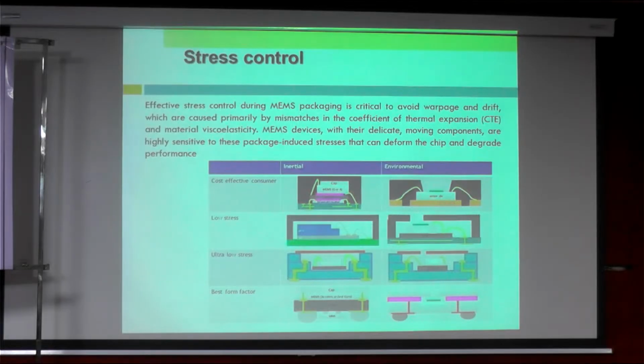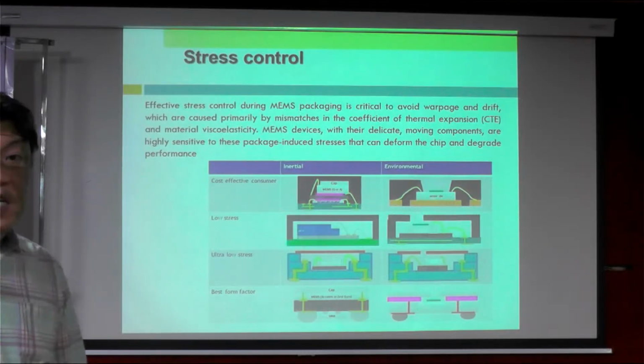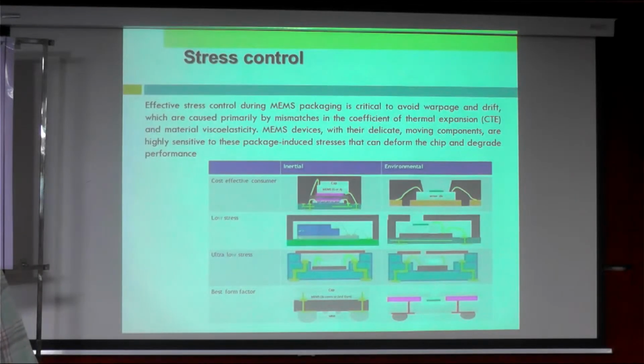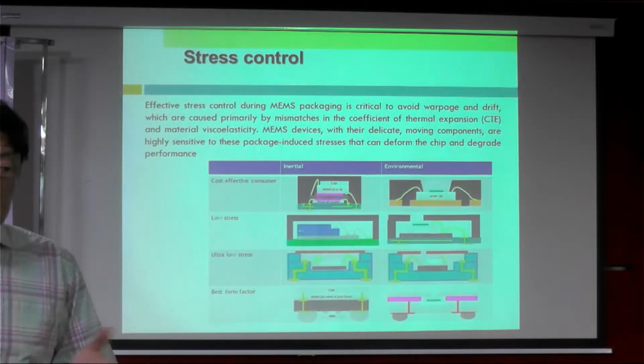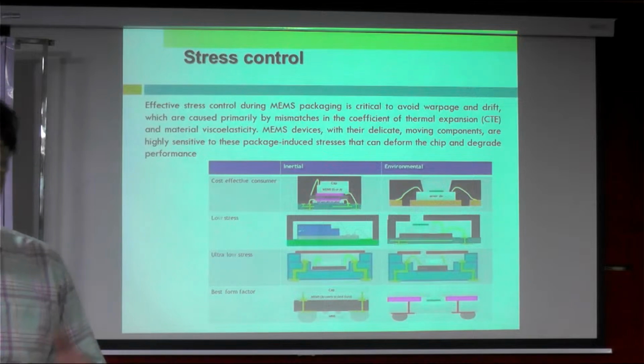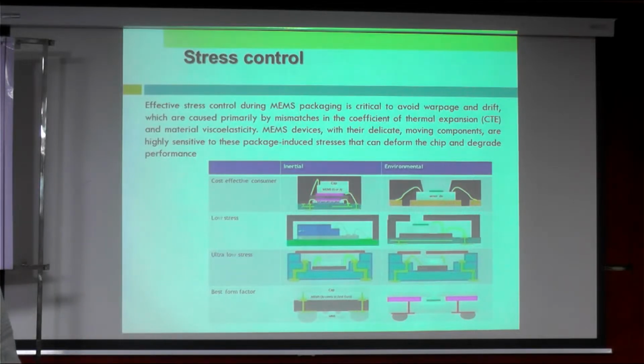So if we have a material with a high coefficient of thermal expansion, and it operates in a high temperature range, for example, from 10 to maybe 80, the expansion of the material might cause bending and thermal stress. This thermal stress can damage the component.